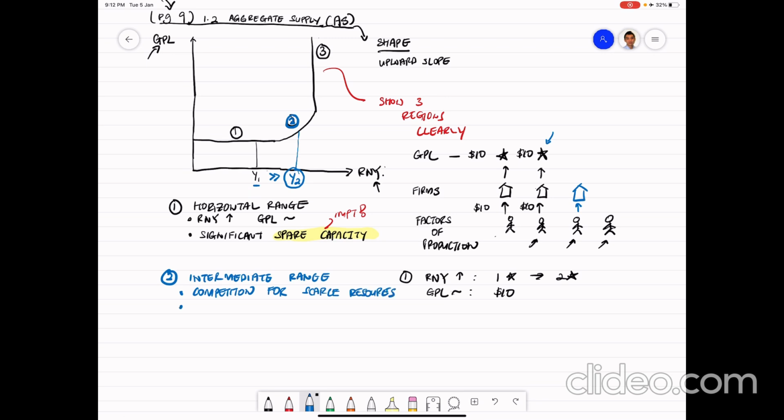And you have something called supply bottlenecks occurring. So what actually happens is that this worker knows that the firm can only hire either him or the next guy. So this worker knows he has bargaining power, and he tells the firm, you know what, those guys before me, you paid them $10.